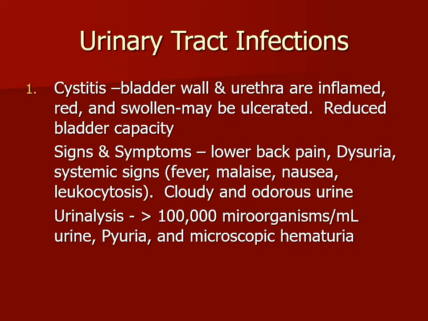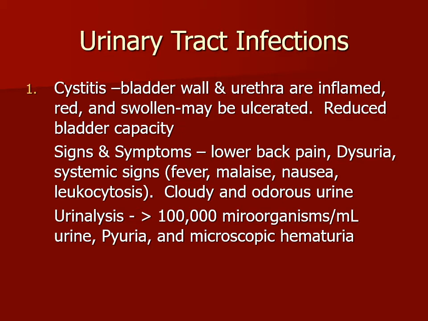Cystitis is another type of infection where the bladder wall and urethra are inflamed. They're red and swollen, maybe ulcerated, and because of the inflammation, you have a reduced bladder capacity. Signs and symptoms: lower back pain, dysuria.